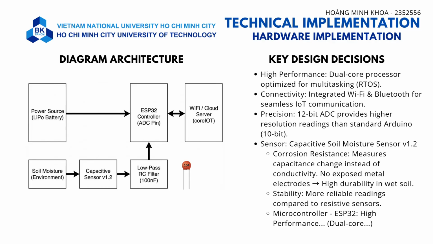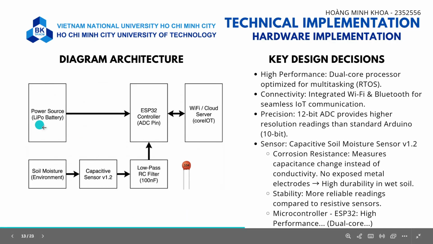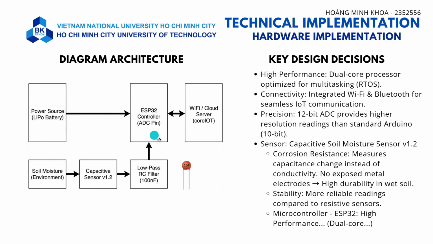For the total diagram architecture of the system, we have a small LiPo battery to power the whole system. It is connected to an ESP32 controller through an ADC pin.